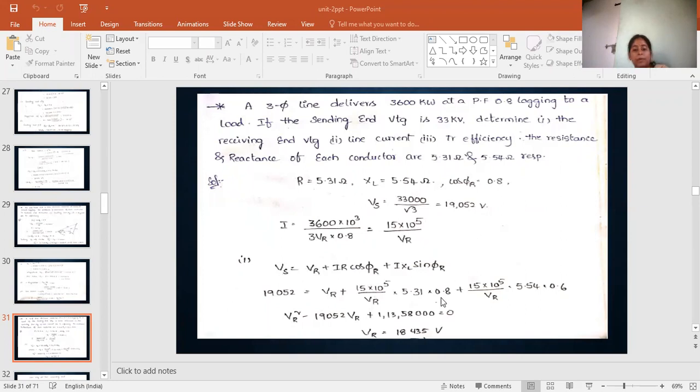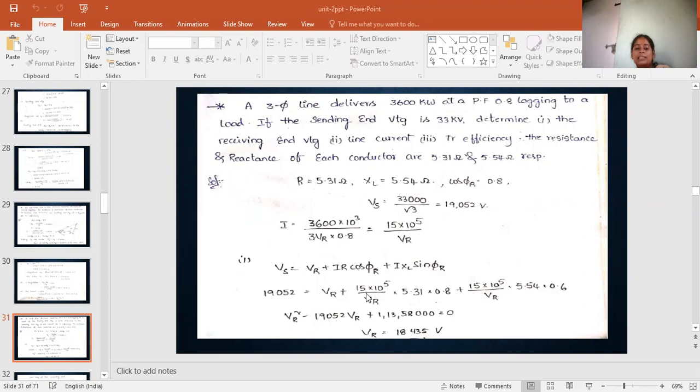So 5.31 into cos phi R value 0.8, plus I value 15 into 10 power 5 by VR into XL value, XL is nothing but 5.54, into sin phi R value 0.6. All values are known except VR. In that we find out the VR value.